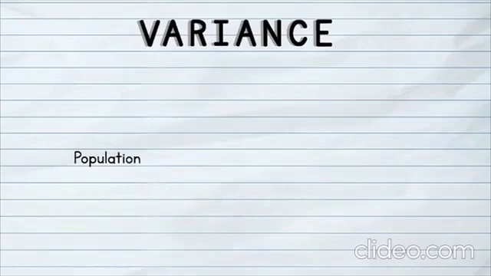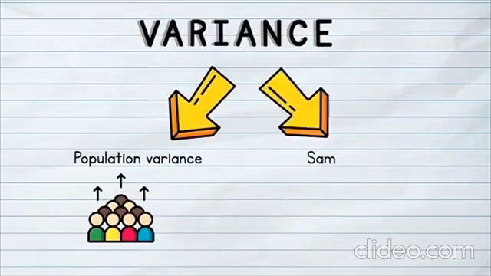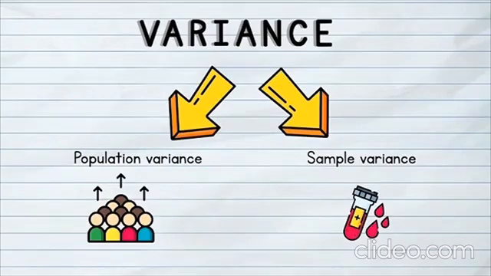Variance is divided into two types: population variance and sample variance. Population data make 100% sure of the measure we are calculating, and a sample is an approximation of the population parameter.